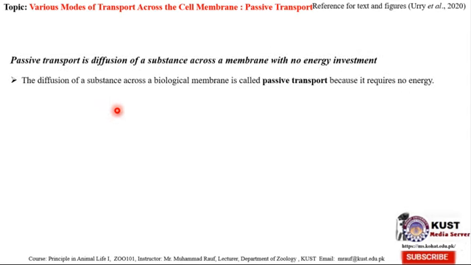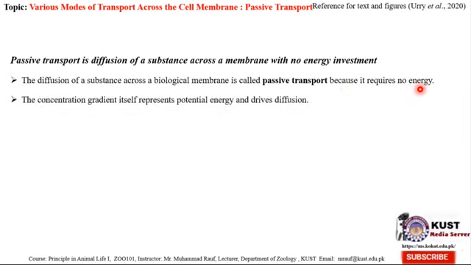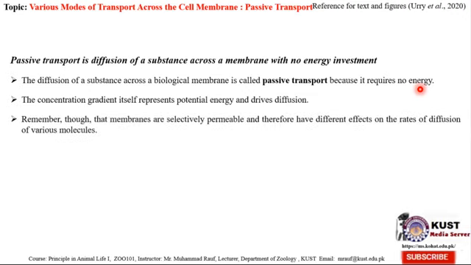Now, the diffusion of a substance across a biological membrane is called passive transport because it requires no energy. The concentration gradient itself possesses potential energy, and courtesy of that, molecules move towards areas of lower concentration.